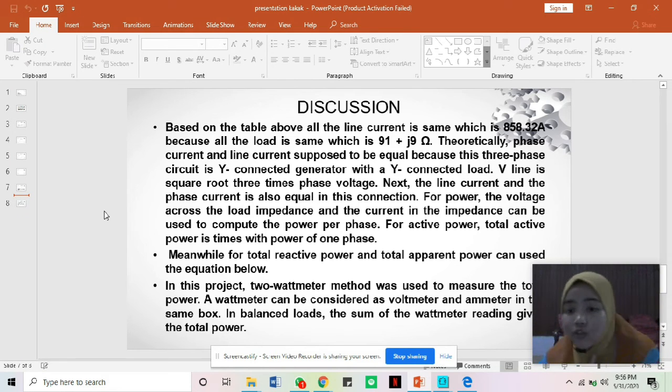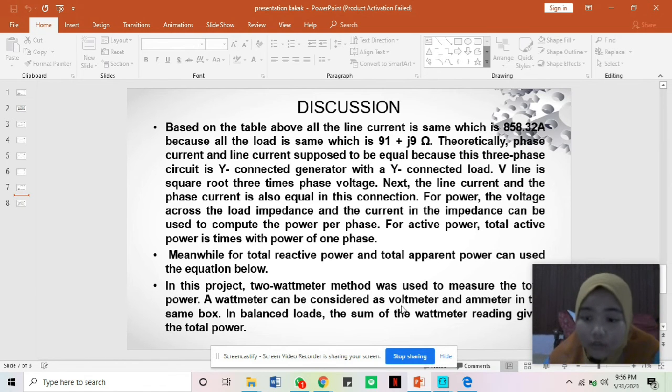First of all, I have shown you how to find the phase voltage. So V line is square root 3 times phase voltage. For power, the voltage across the load impedance and the current in the impedance can be used to compute the power per phase. Total active power is three times the power of one phase.